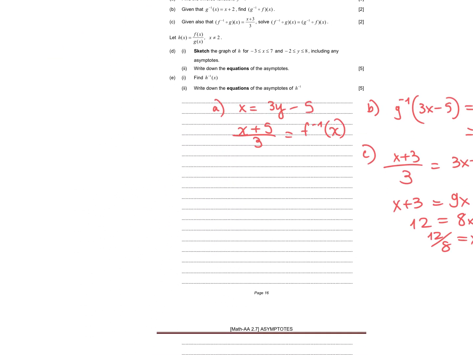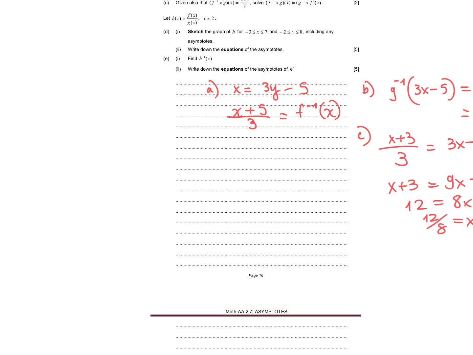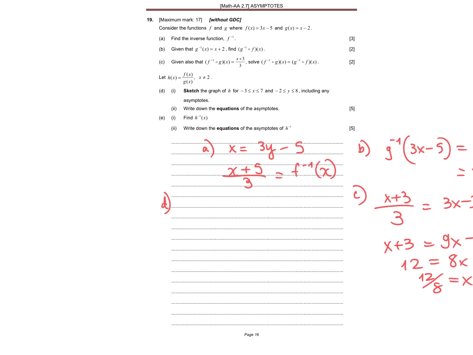All right, so for D, h is f over g. Sketch the graph of h. All right, so for D, we have 3x minus 5/x minus 2.